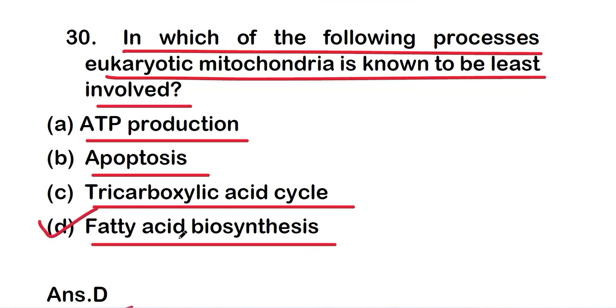So fatty acid biosynthesis is known to be least involved in mitochondria among these, but the others, that is ATP production, apoptosis and TCA cycle, all occur in mitochondria.